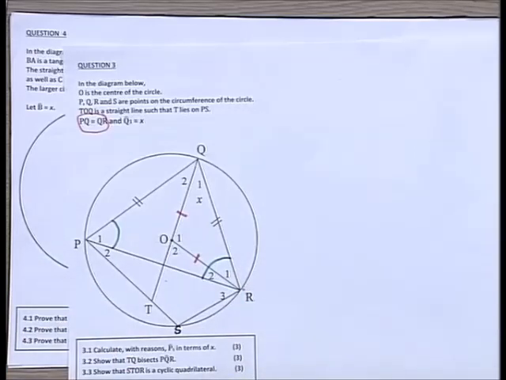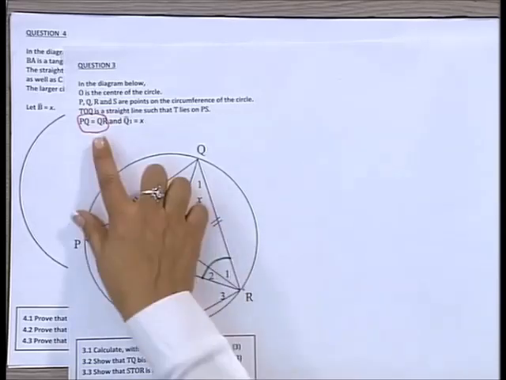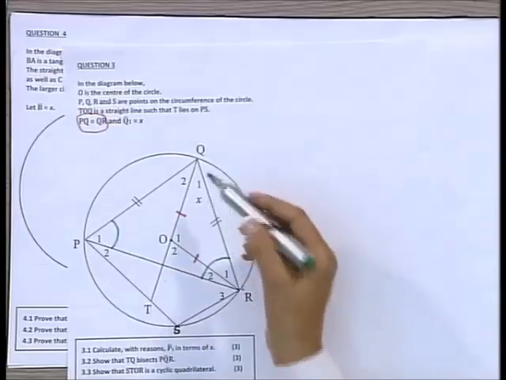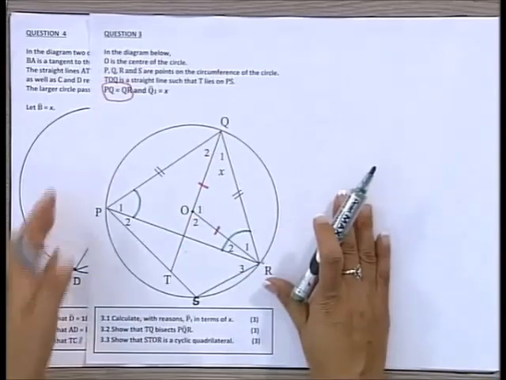That bit of information tells me that that is an isosceles triangle. Grade 12, just remember they won't give you information if they don't want you to use it. You use it, it's information, so it helps you to get to the answer of your sum. The last thing is just that P1 or Q1 is equal to x.